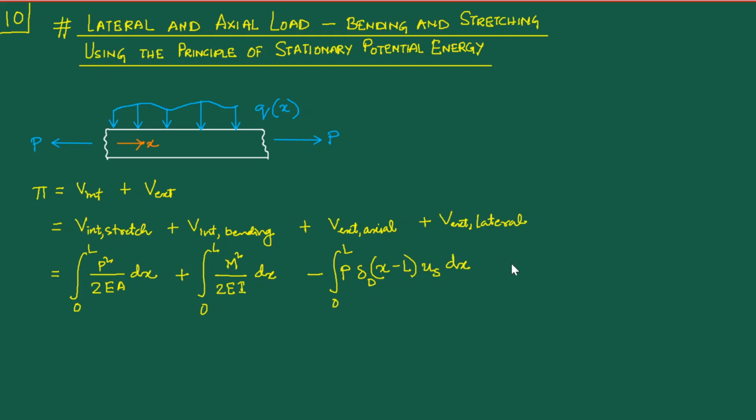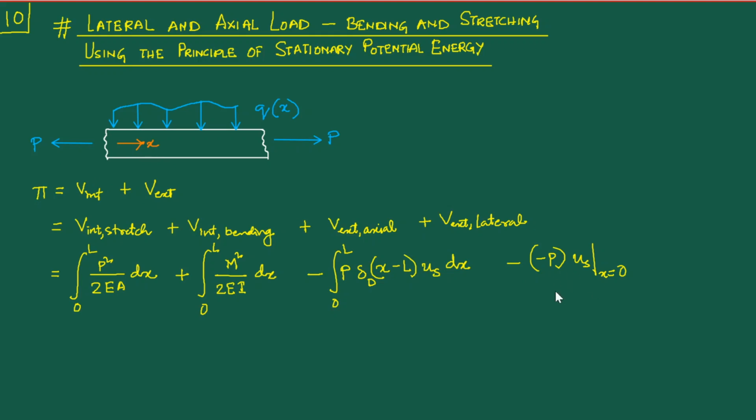Okay. Next, in a similar fashion, I want to take care of this end. So for that, what I would do is to write something like this. This minus P represents the fact that at this end, the axial force is in the opposite direction of the positive x sense.